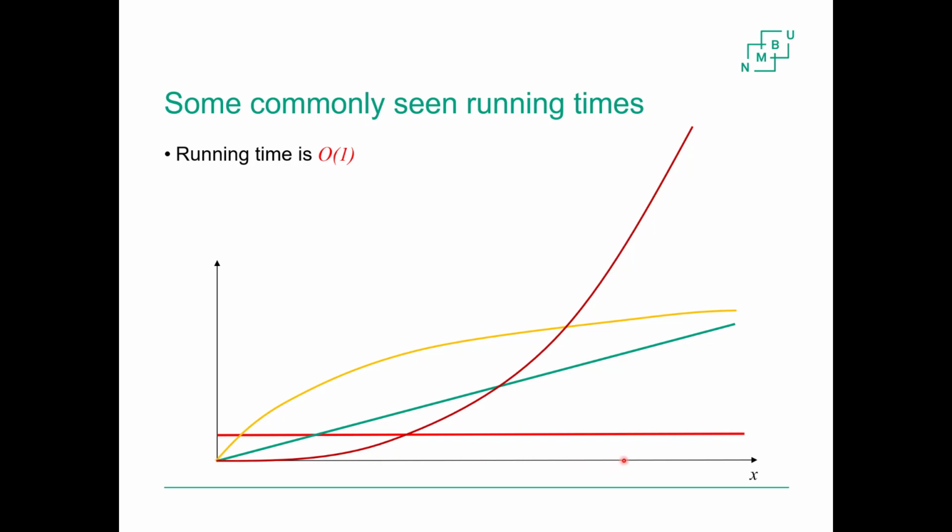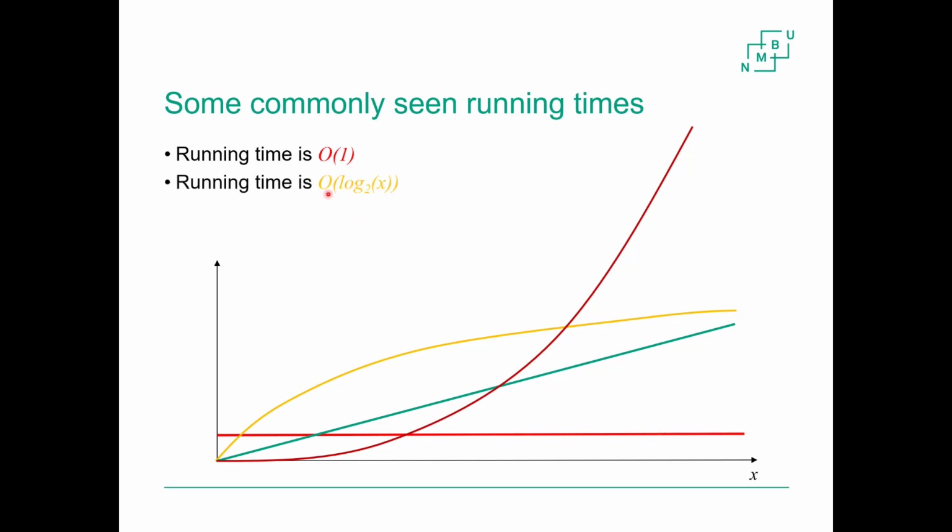For instance, if you have a sorted list of numbers and want to find the smallest number, it's always the first number. So it's big O of 1. It doesn't matter how many numbers you have, because looking up the smallest one is always the first.